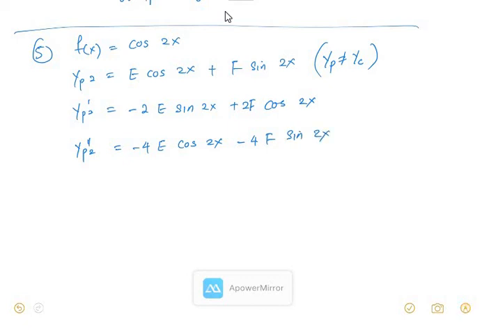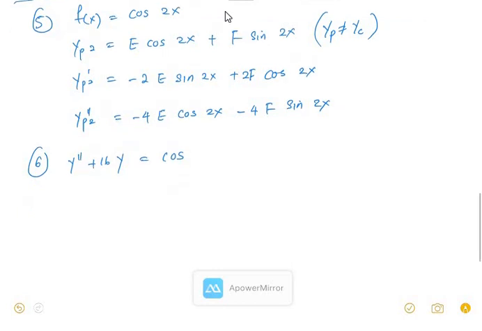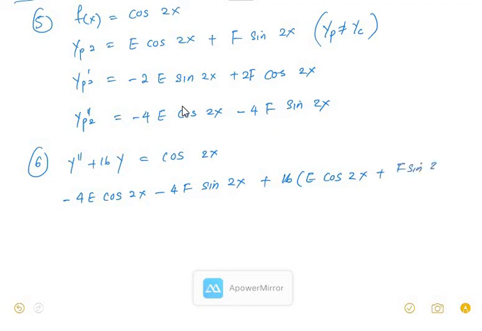Okay, so after you get all these values, you substitute them into the equation again, same as the previous procedure. Now you want to compare the coefficient of cos 2x. So first of all, you substitute in the y double prime into the differential equation, and then plus the 16y, which is equivalent to cos 2x.